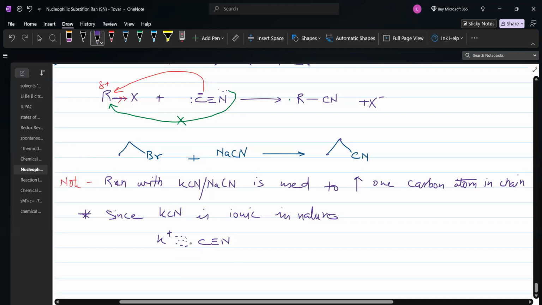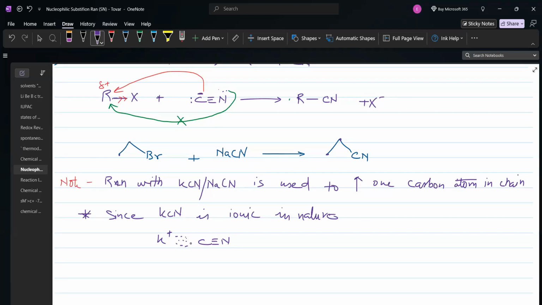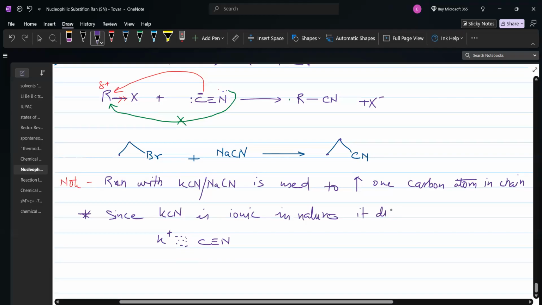Some questions are asked in MCQs to select those compounds which have ionic bonds and covalent bonds also. So this is one of the examples. Since KCN is ionic in nature, it dissociates into K plus and CN minus.